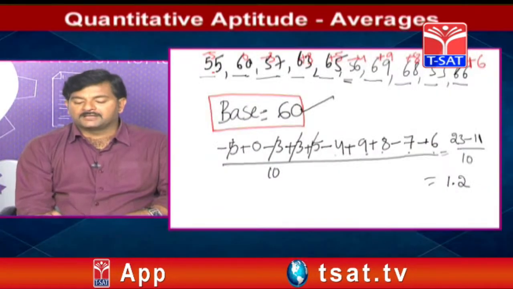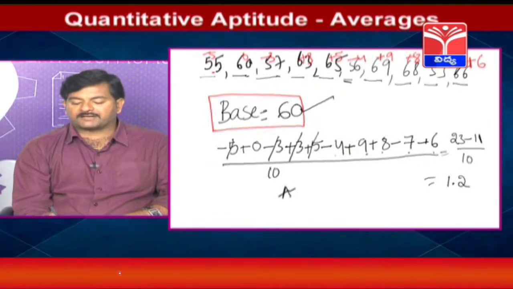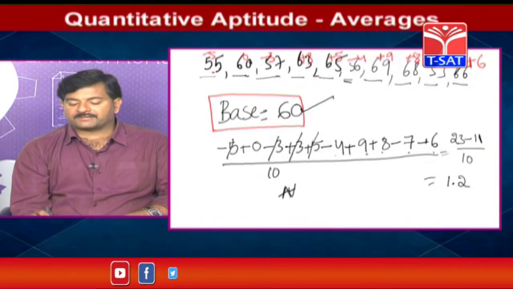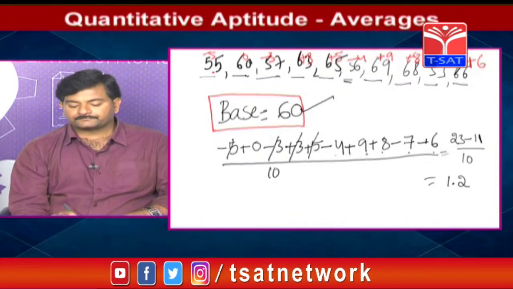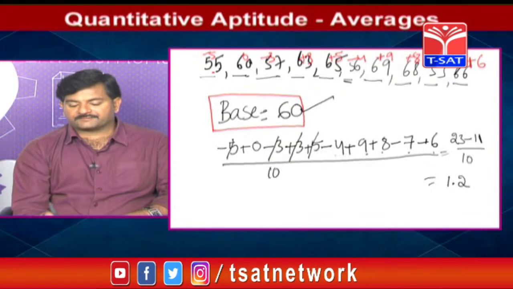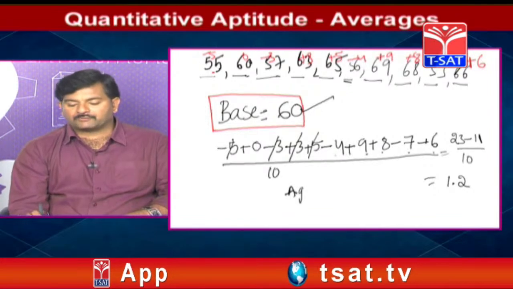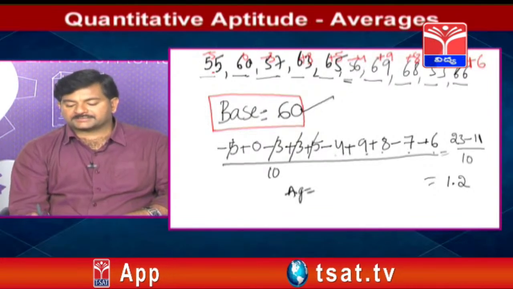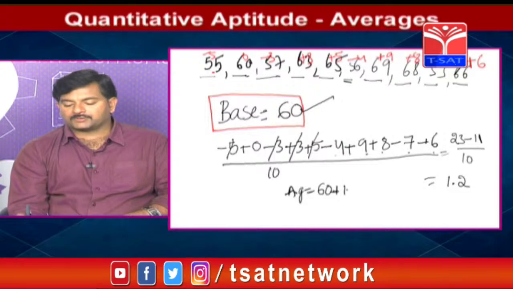So the required answer, the average of our given numbers, is equal to 60 plus 1.2.